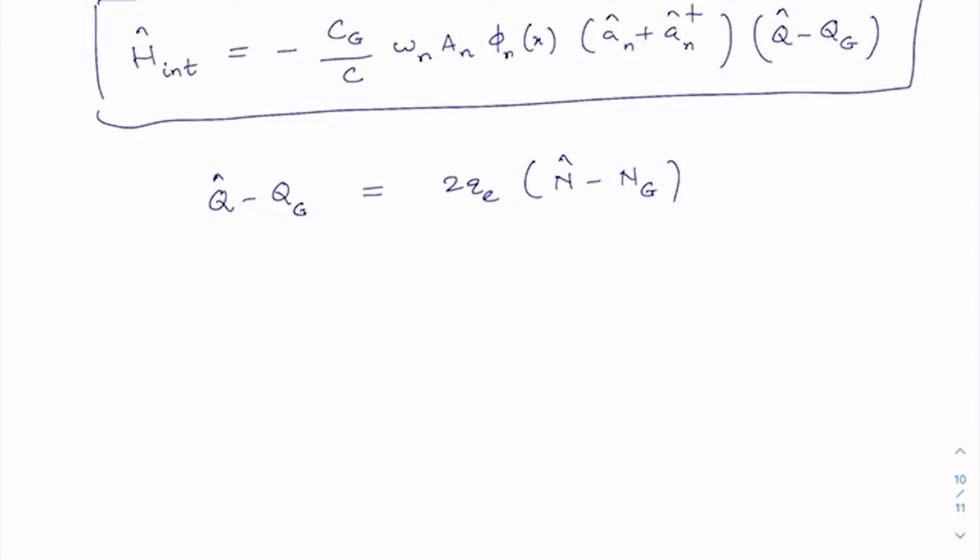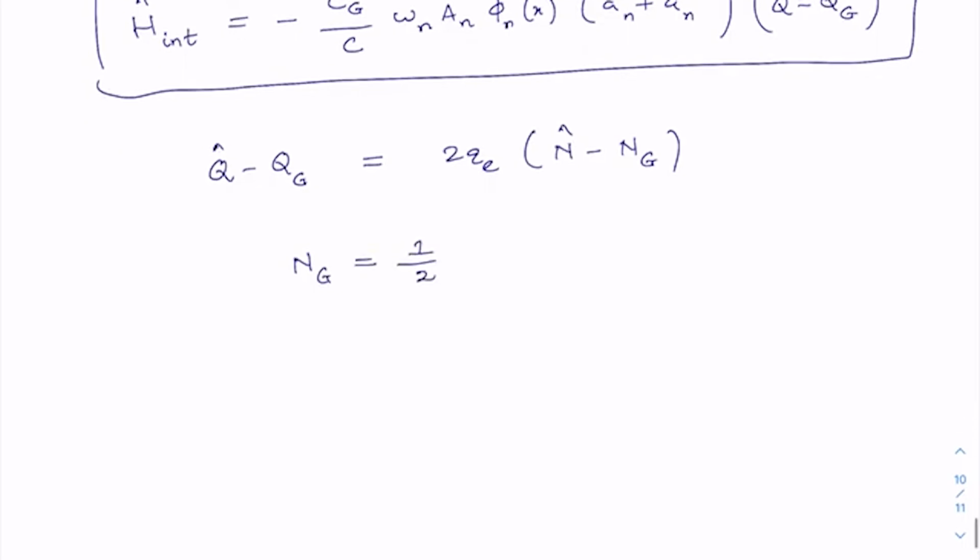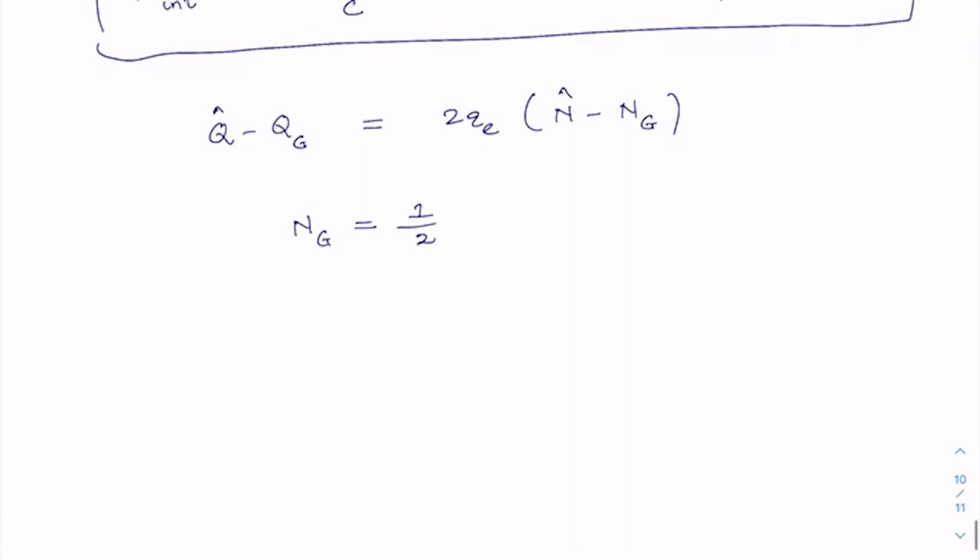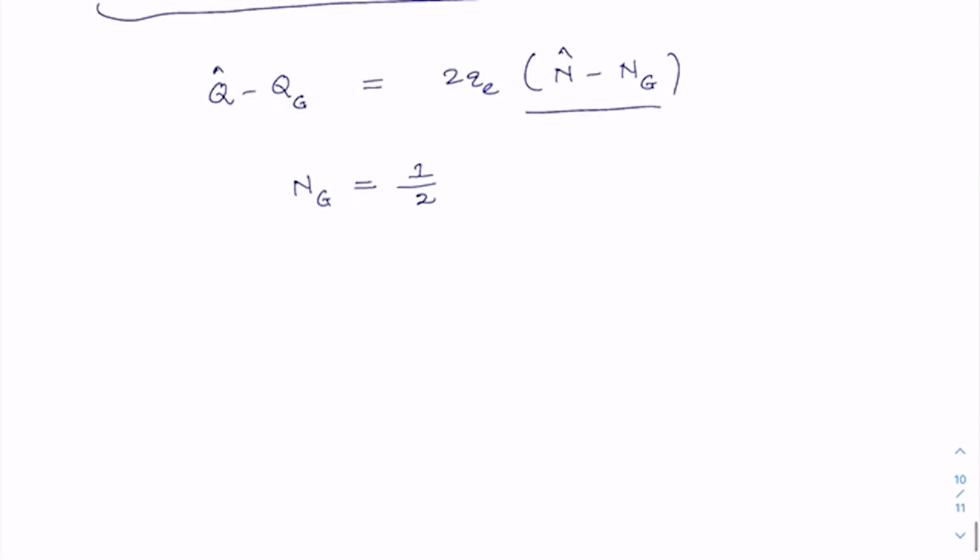Take the charge degeneracy point at say nz equal to half, and our Cooper pair box would then be a two-state system, and this will enable us to express the Cooper pair box in terms of Pauli matrices.